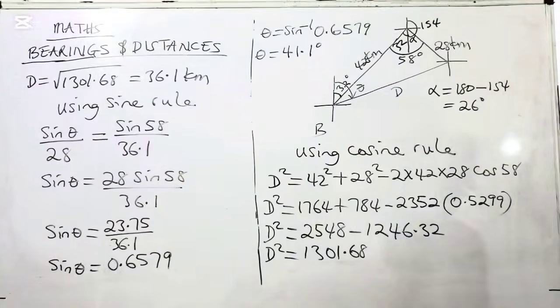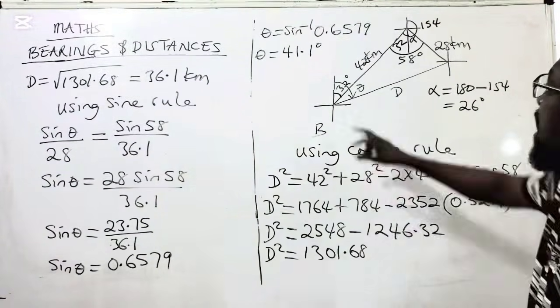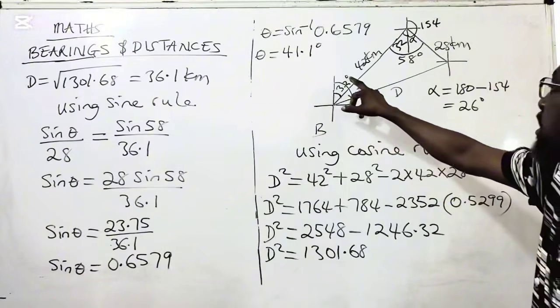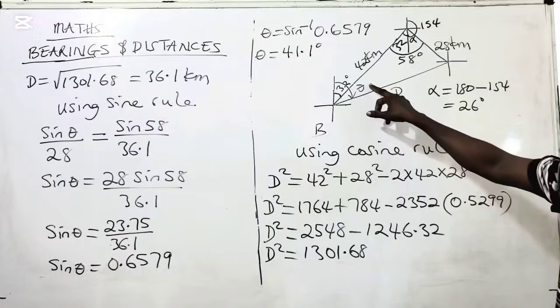So now the bearing we are looking for, that's the angle from here to this part, is going to be 32 plus theta.